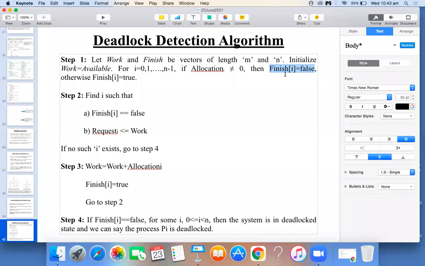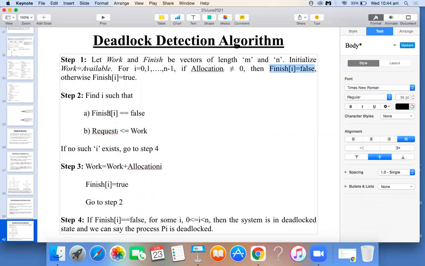That's why we make finish of i equal to false. That is your first step: initialize work equal to available and check whether every process's allocation is not equal to 0.